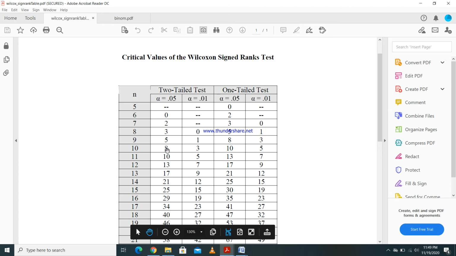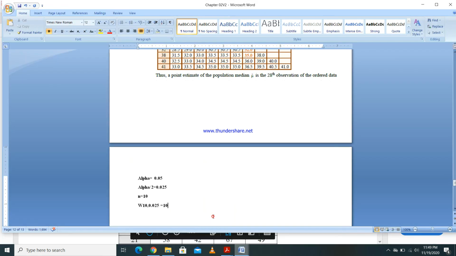Sorry, 8, right? From the sample size 10 and the two-tail alpha 0.05, at the intersection point we have 8 as the value.